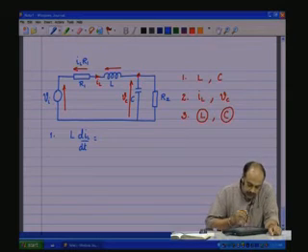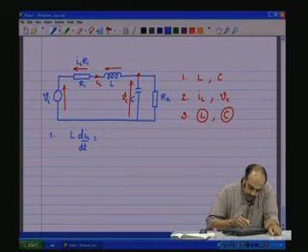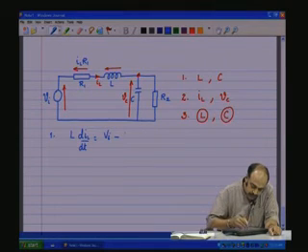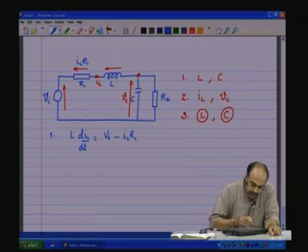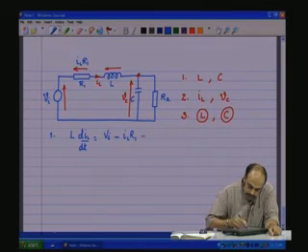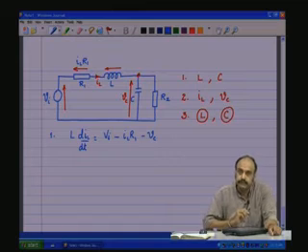So, now looking at the circuit here and applying KVL, L di by dt is equal to Vi minus IL R1, which will be the voltage of this node with respect to ground, and the voltage of this node with respect to ground minus Vc.